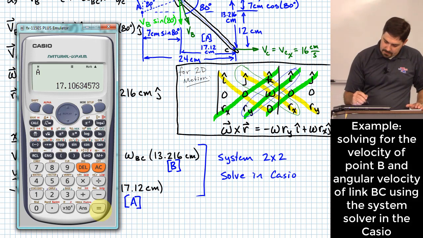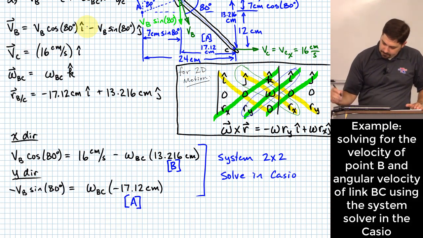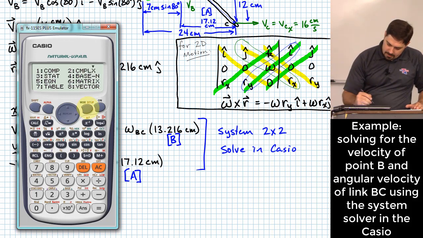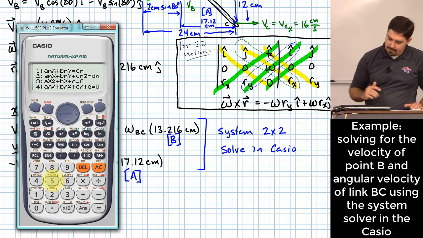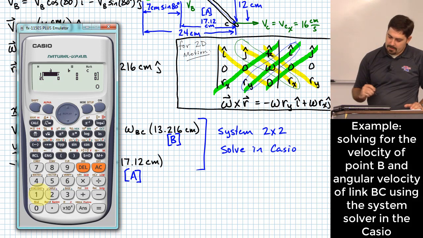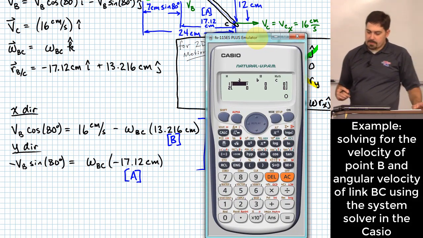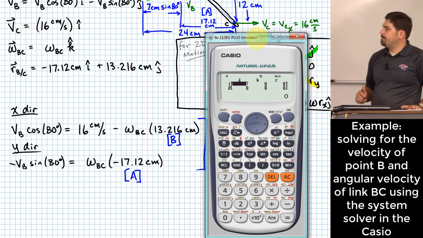All right, so solving it in the Casio then. We'll go into mode 5. We're going to do a 2 by 2, and remember that we want to set it up so that our variables are on the left side. I'll just do that mentally as we go. So what we have there is cosine of 80 degrees.